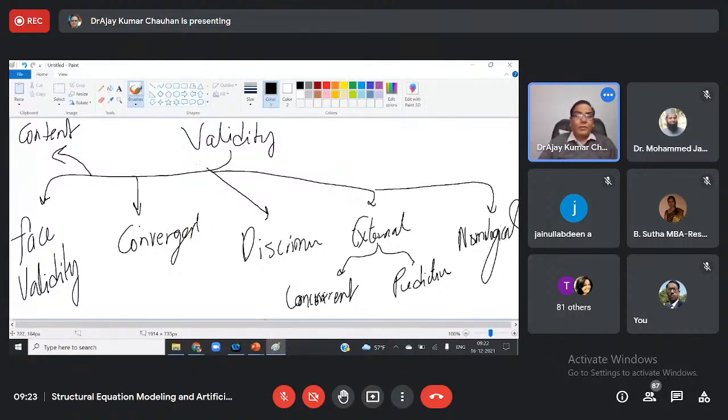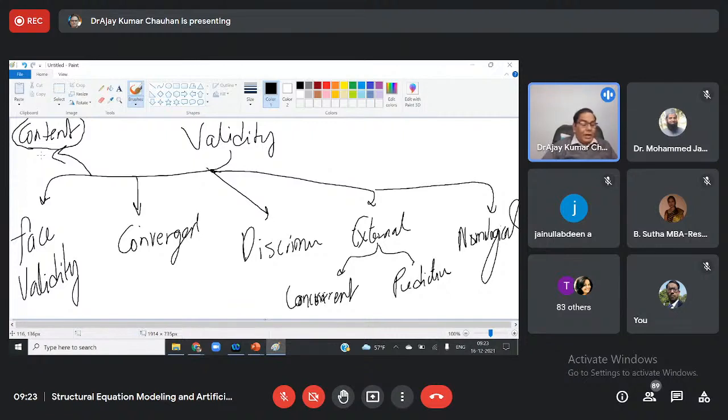So let's start with content validity. Content validity means whatever you are asking, whatever you are measuring, is it the right statements? Are you using the right construct in the questionnaire? If yes, then it is called content validity. If not, it is not content validity. For example, for every paper you normally go for a questionnaire, you are using different statements, different factors.